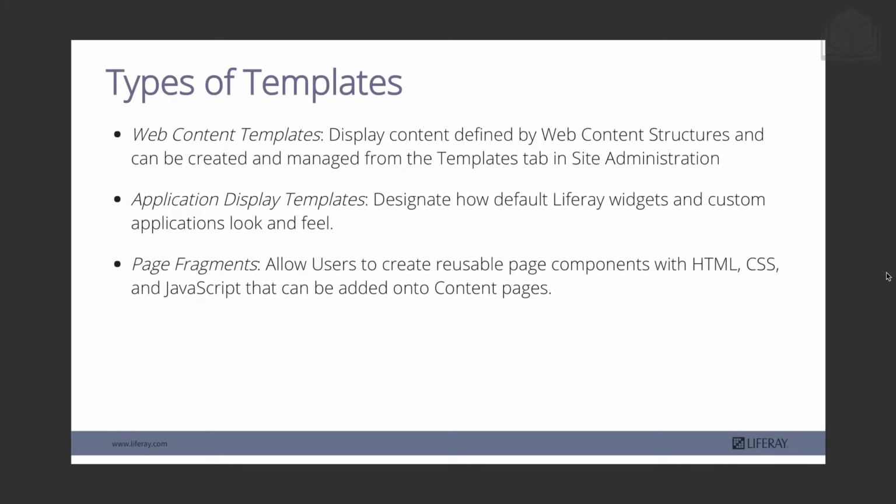Web content templates are a bit unique in how they are implemented. A web content template is responsible for determining the display or presentation of what is called a web content structure. If you're not familiar with Liferay's content management system, essentially a structure is a set of fields that can be configured to simplify the process of a content writer adding new content.